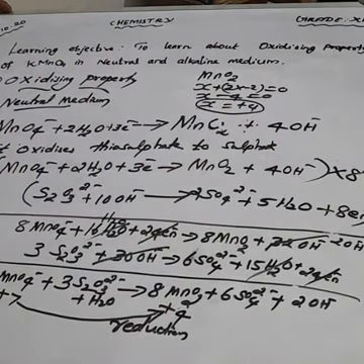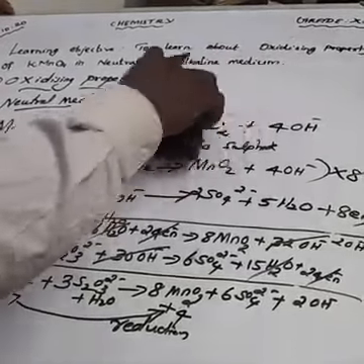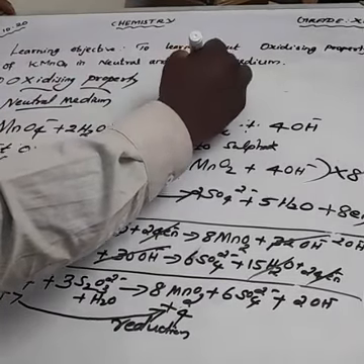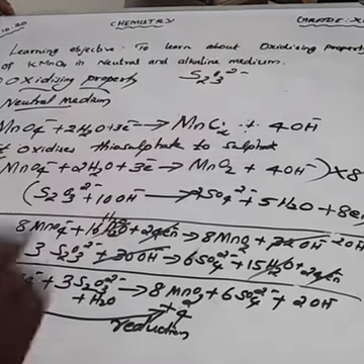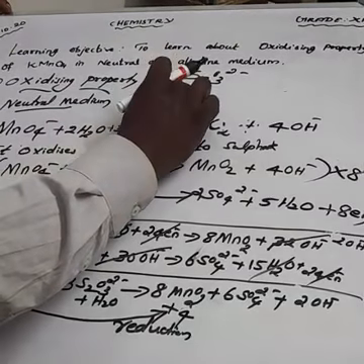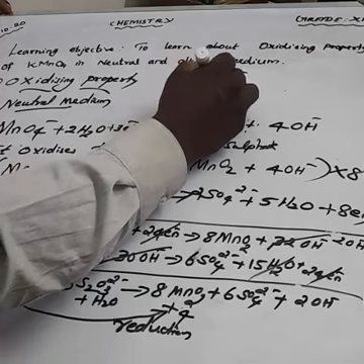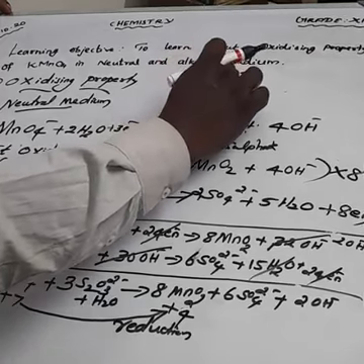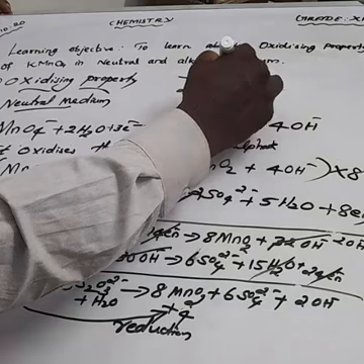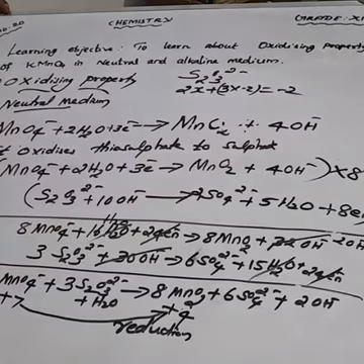Next, about the thiosulfate. We have to find the oxidation state for thiosulfate, that is S2O3 2 minus. Am I right? Here 2 sulfur are there, so taken as X, that is 2X. 2X plus, here I have oxygen 3, each oxygen carries minus 2, 3 into minus 2, equal to minus 2, as the charge is minus 2.